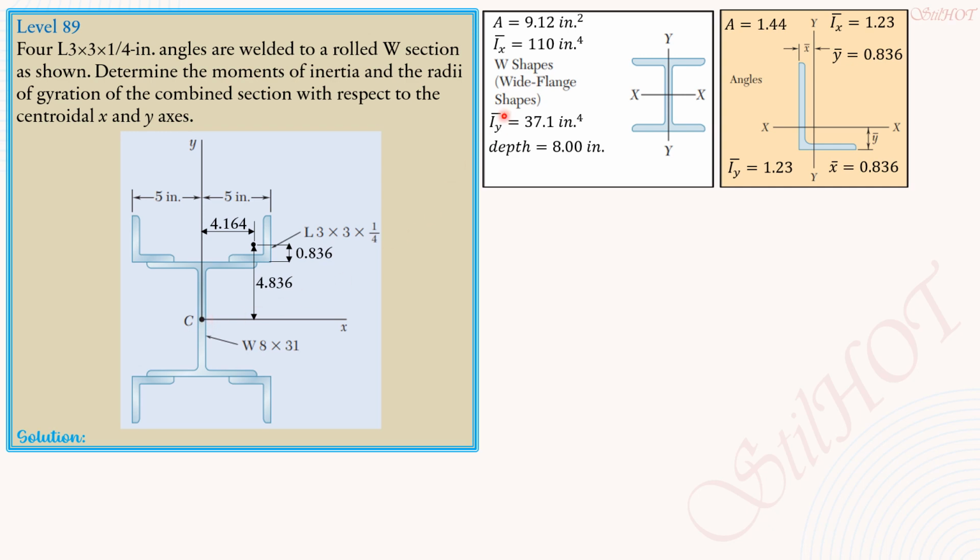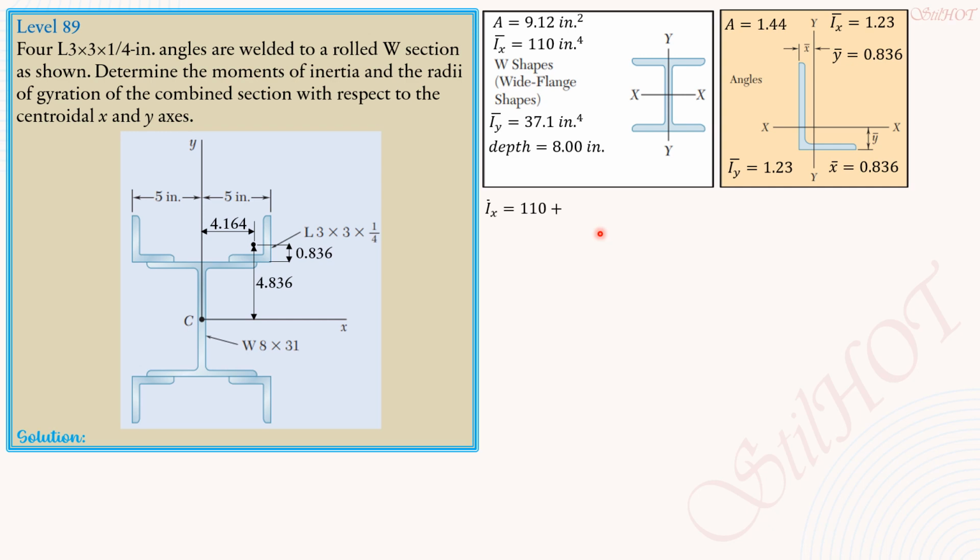Therefore, Ix is Ix of the wide flange, because this is also the centroid of the wide flange, which is equal to 110 plus 4 times quantity I barred x of one angle, which is 1.23, plus area 1.44, then distance 4.836 quantity square. All of these angles will have distance of 4.836.